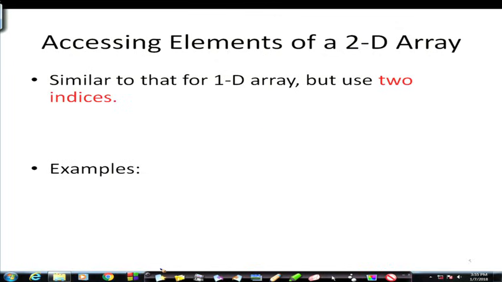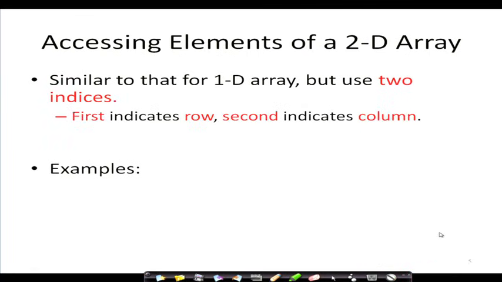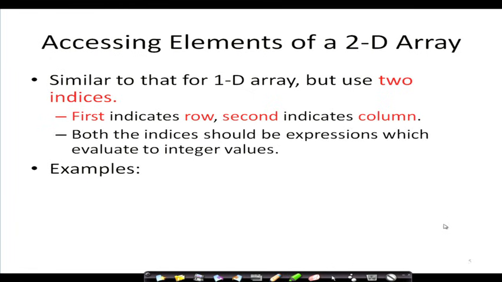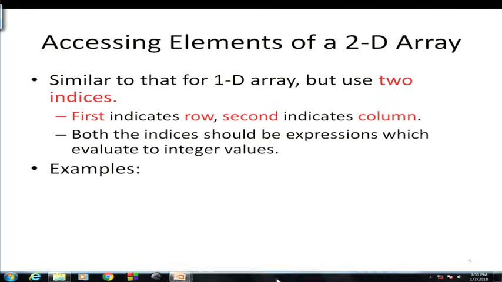Similar to that of a one dimensional array, but we use 2 indices. Indices is the plural of index, right. So, the first one indicates the row and the second one indicates the column. Both the indices should be expressions which evaluate to integer values, and that was the case for one dimensional arrays also.